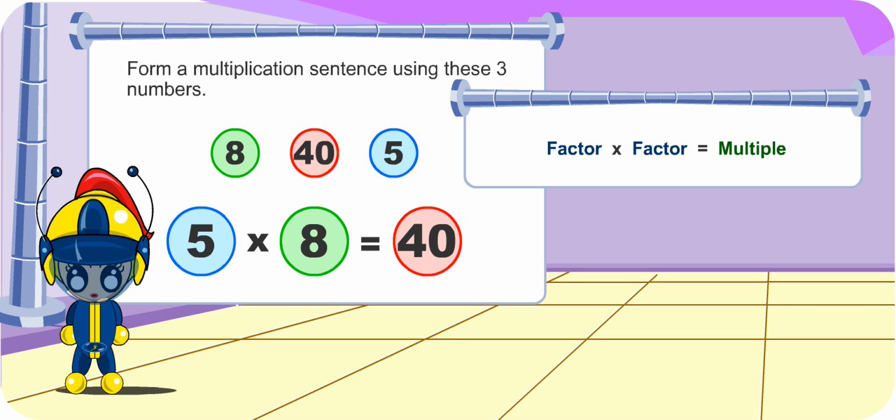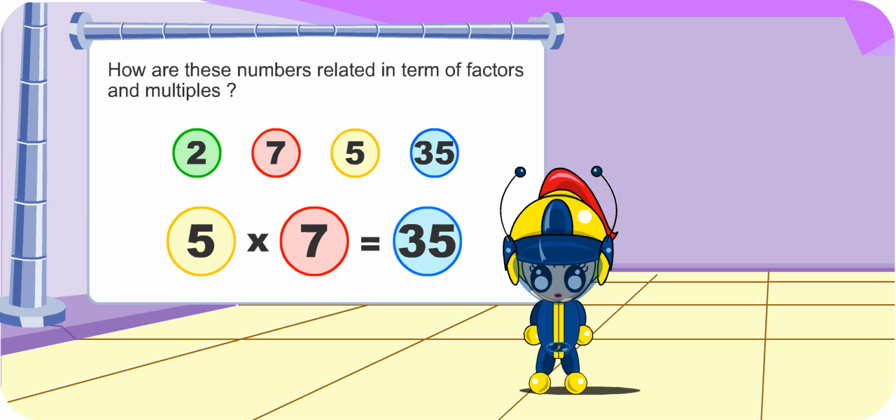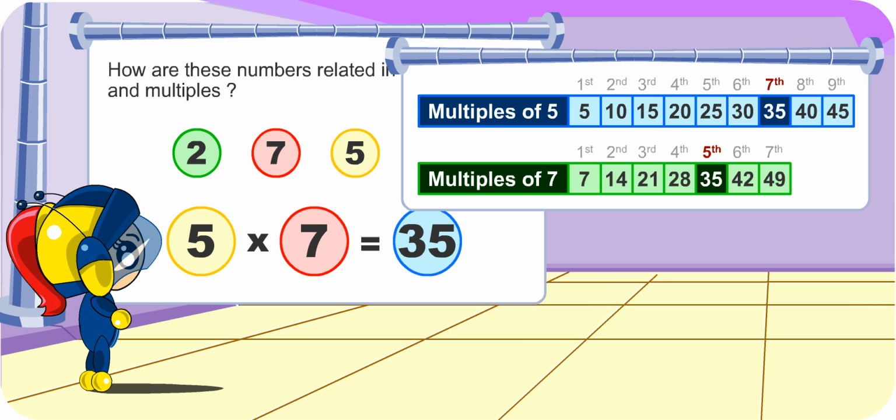Teacher, can you ask me another question on factors and multiples so that I can be absolutely sure that I am clear about them? Sure. Can you tell how these numbers are related in terms of factors and multiples? I know that 5 times 7 equals 35, so both 5 and 7 are factors of 35. 35 is a common multiple of 5 and 7.